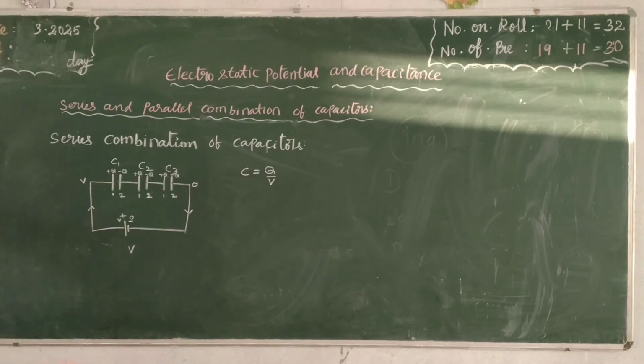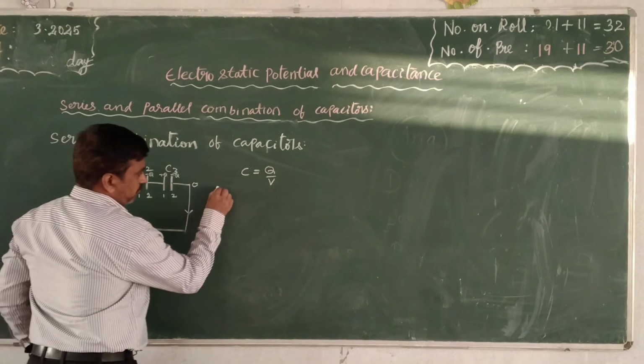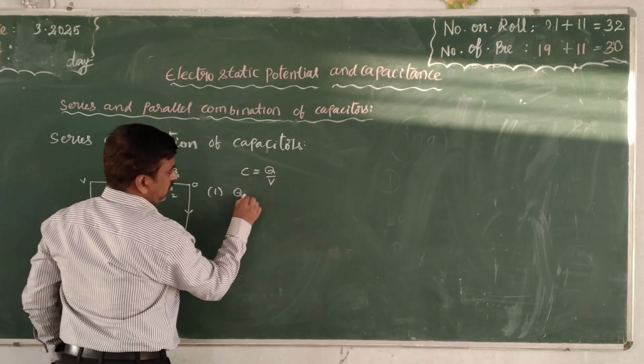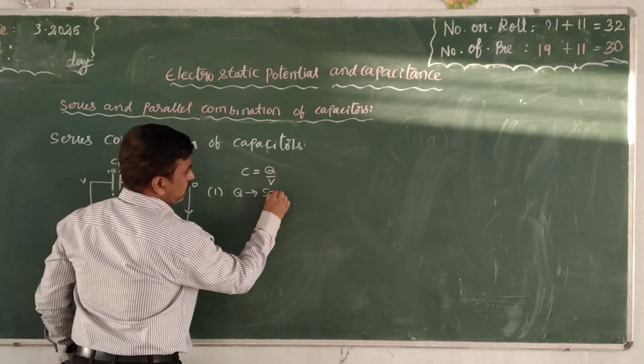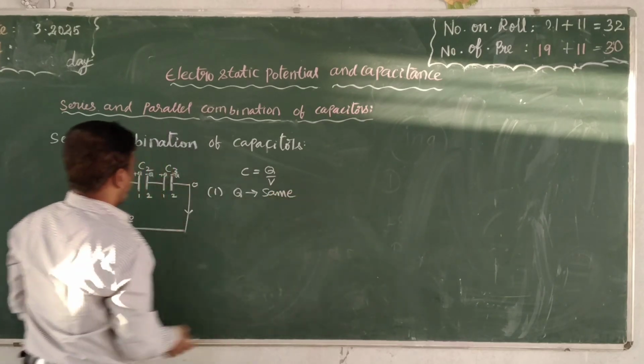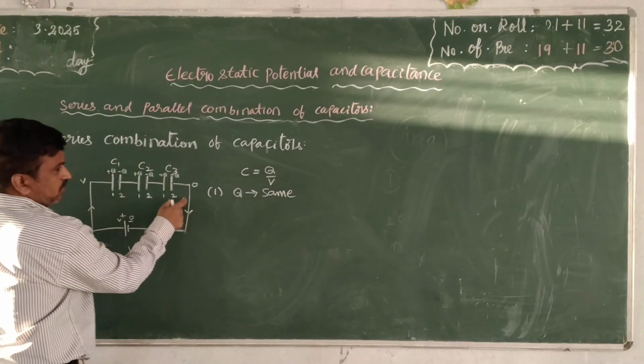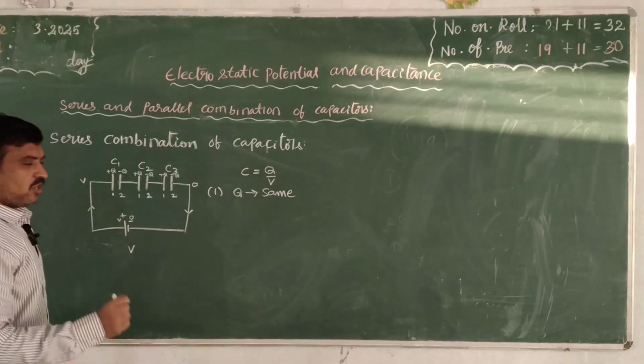When capacitors are connected in series, charge is the same and potential is divided. The charge is the same throughout the circuit: here q, here q, here also q, at every point.